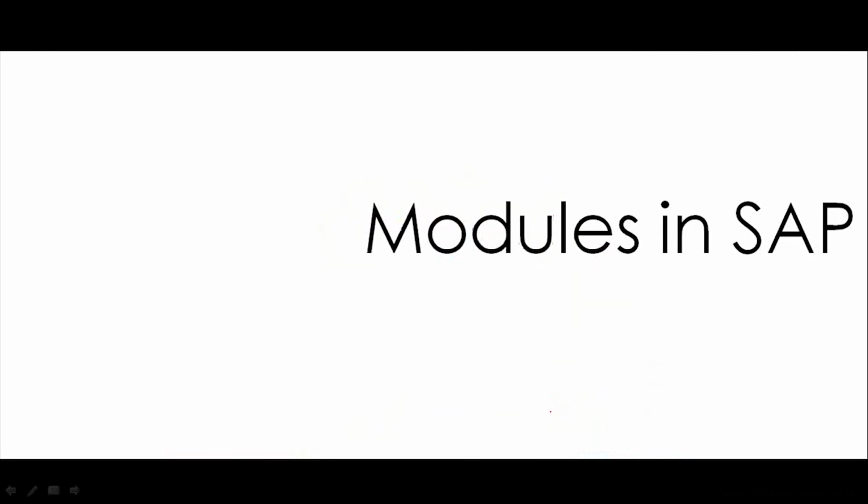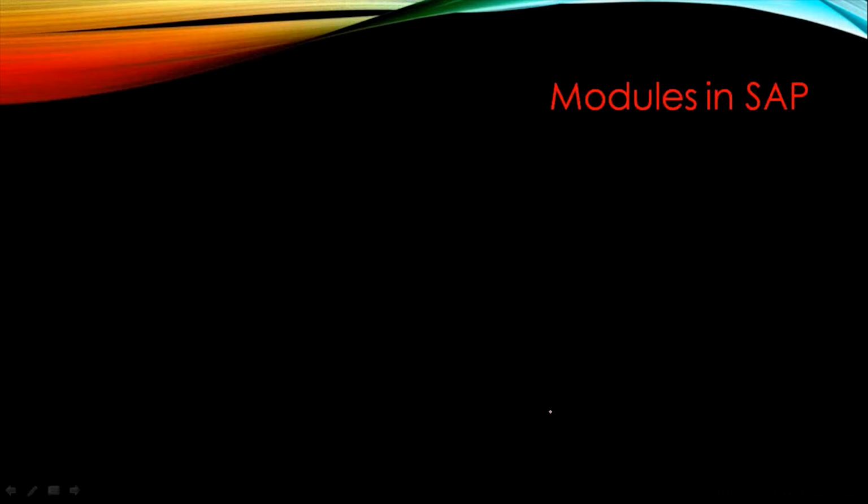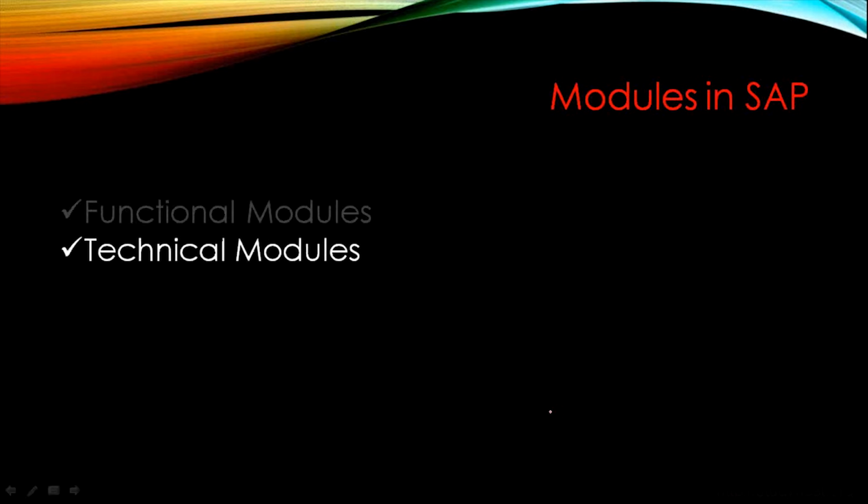Now we'll talk about modules in SAP. What are the different modules that we have in SAP? We can divide the modules in two parts: either functional modules or technical modules.